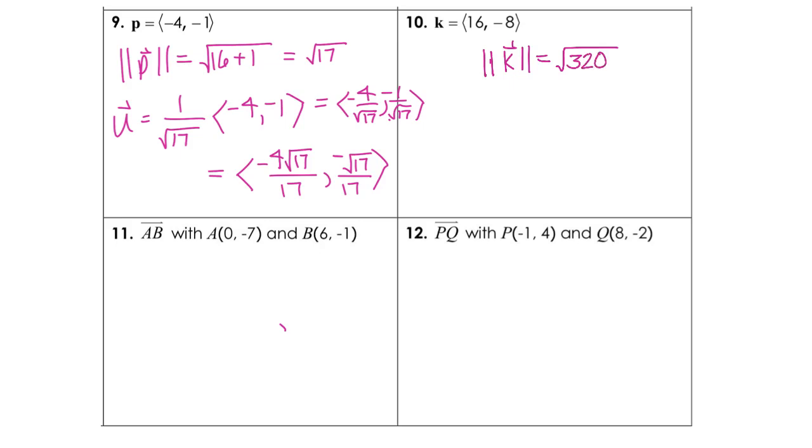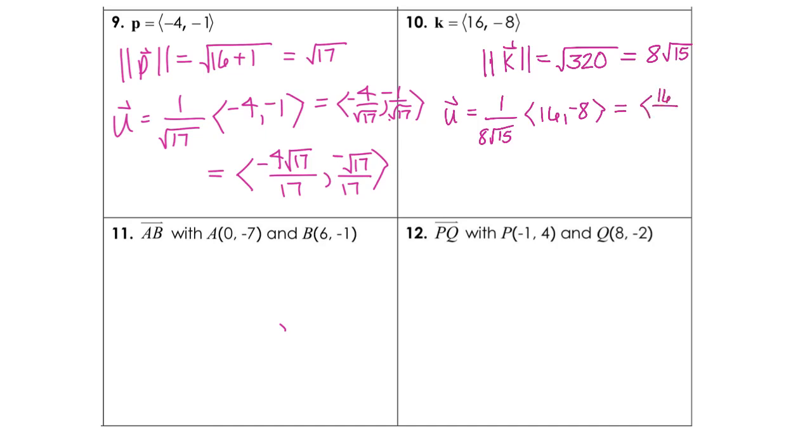And you probably want to break this one down since we're having to do some rationalizing. So that's going to be 8 times the square root of 15. And so now for our unit vector, we're going to have 1 over 8 times the square root of 15 times the actual vector itself. And you'll probably want to do some simplifying here also.